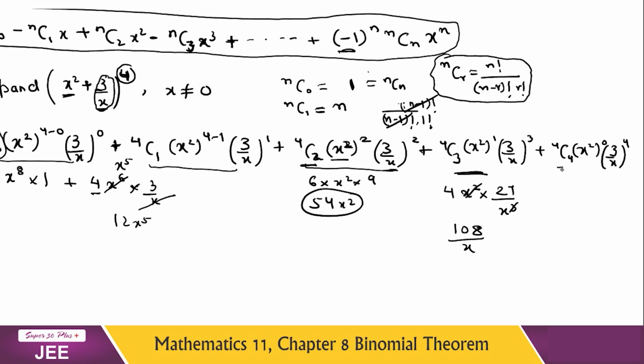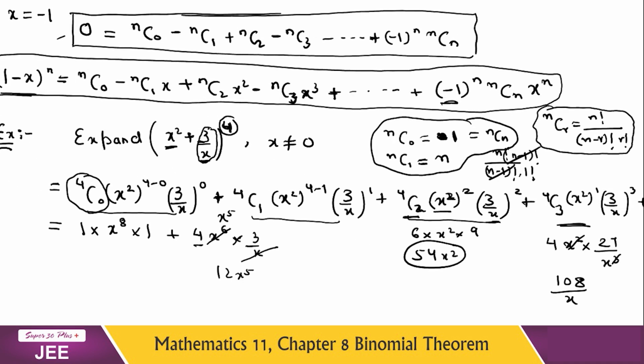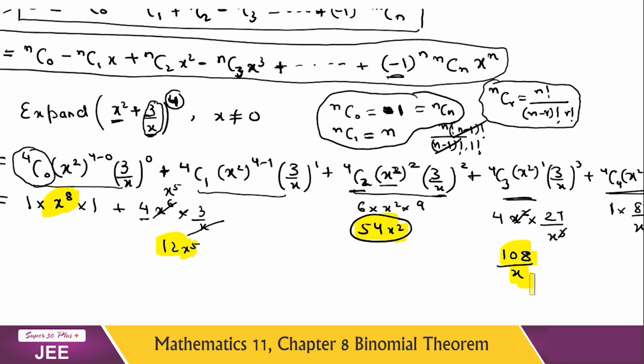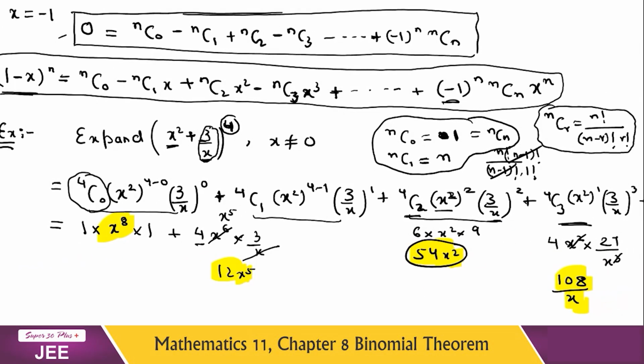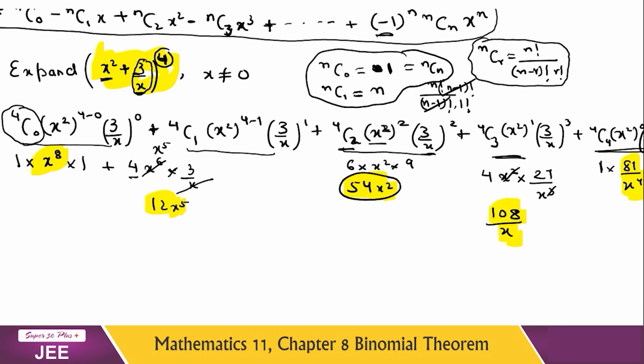Alright, last term is 4c4. 4c4 is nothing but 1, and x square raised to the power 0 is 1, and 3 raised to the power 4 is 81 divided by x raised to the power 4. So this is the last term. Let me highlight. This is first term, this is second term, this is third term, this is fourth term, and this one is going to be fifth term in the binomial expansion of x square plus 3 by x raised to the power 4. Alright, I hope everyone must have understood this example.